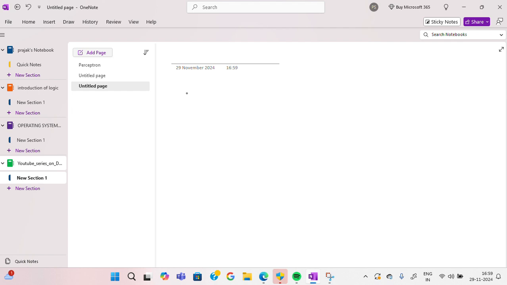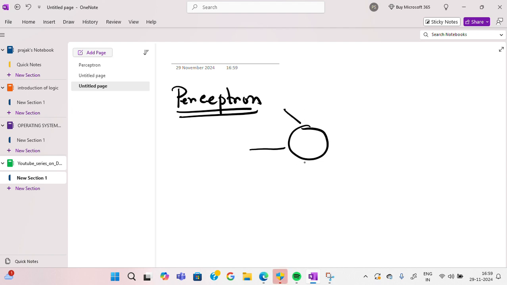So the perceptron architecture is just like this.